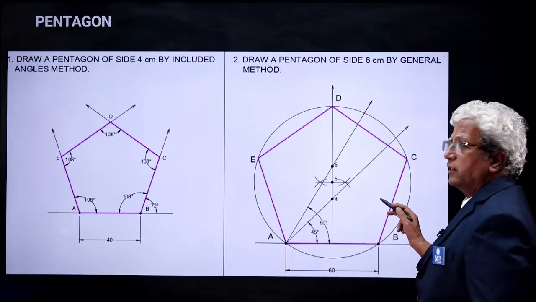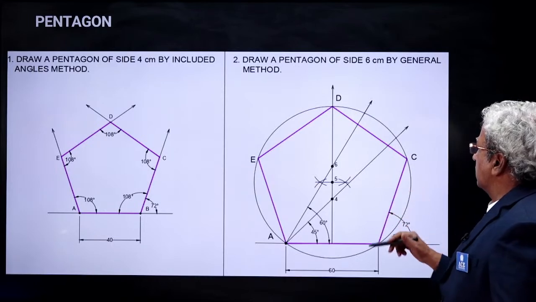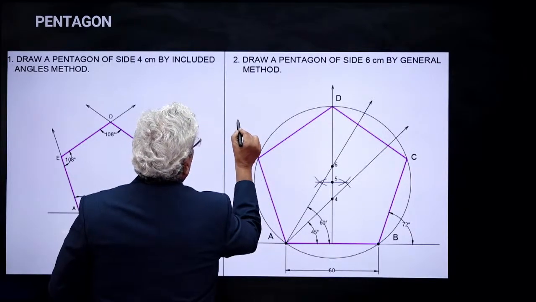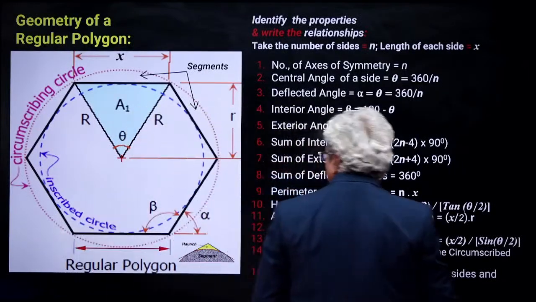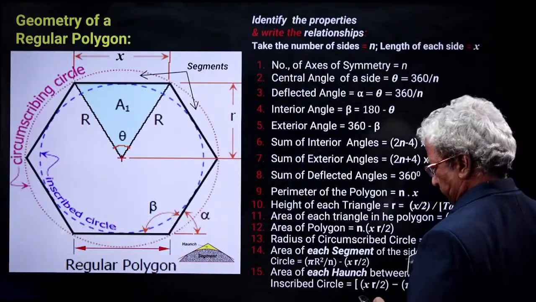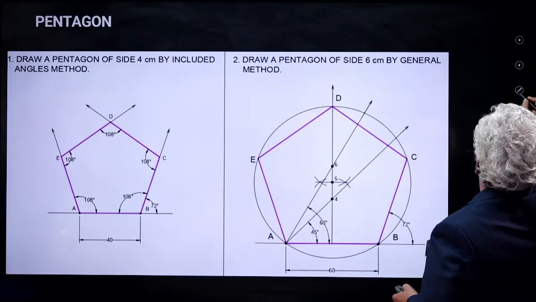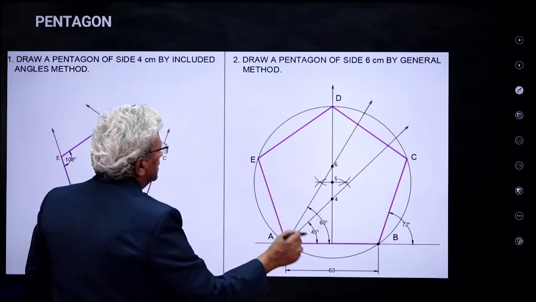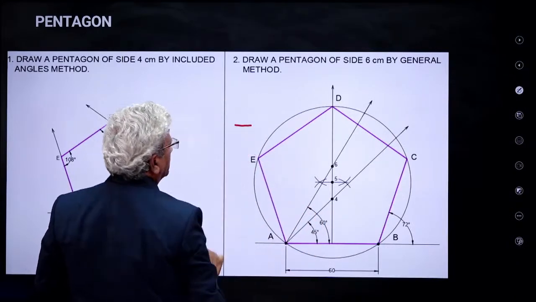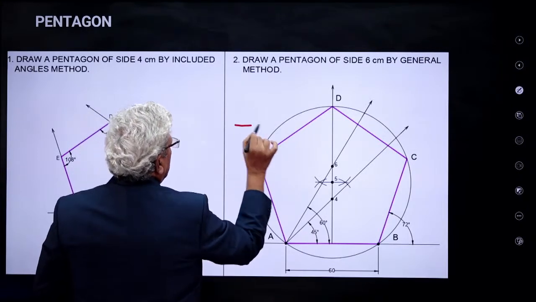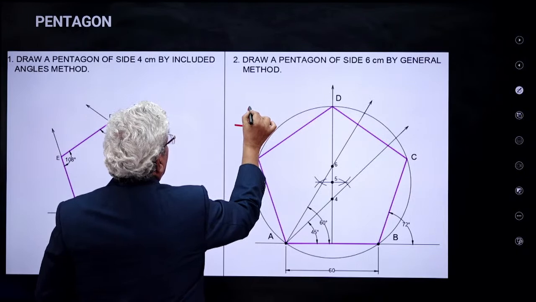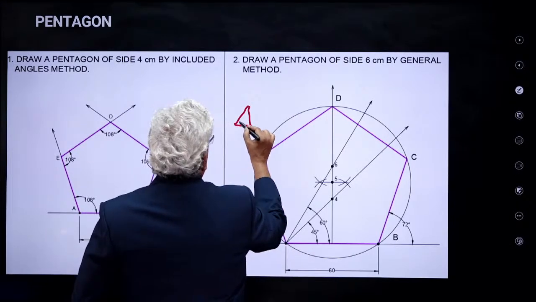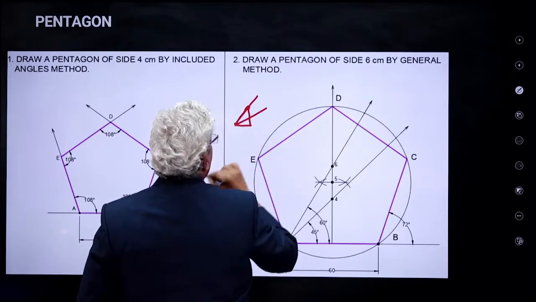If you want to construct a polygon with some given side, say x, by the general method we construct a right angle triangle, draw a 60 degrees line and a 45 degrees line, and bisect.